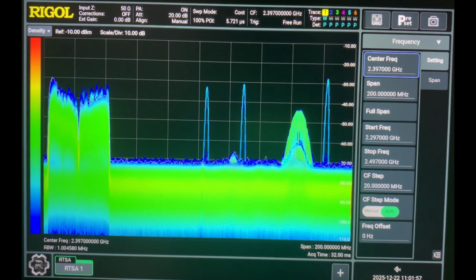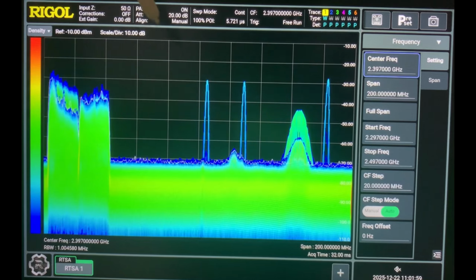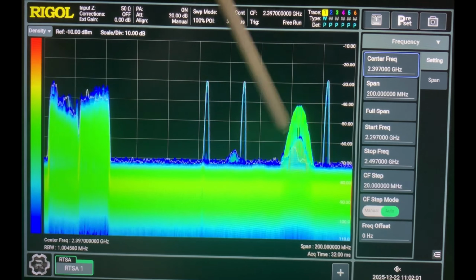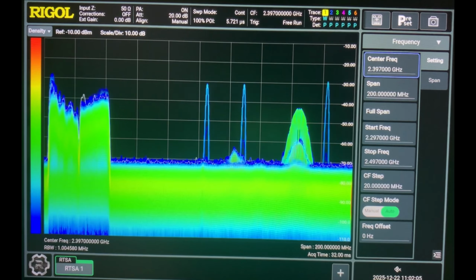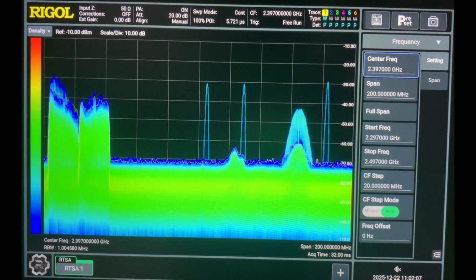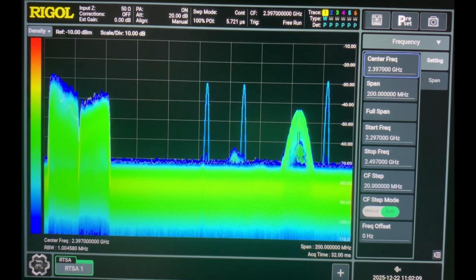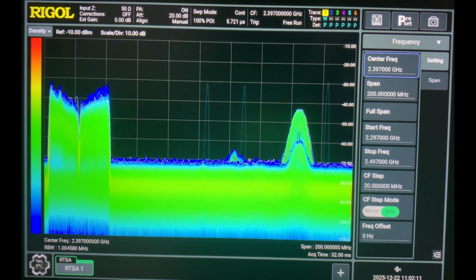The signal is clearly visible. Nothing changed in the signal, only how we measure it.